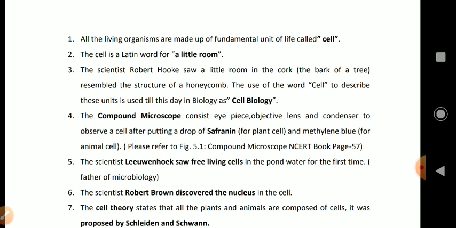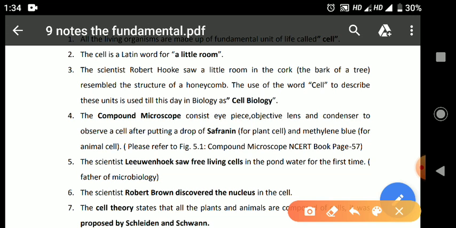He gave the name cell to these compartments. The word cell is derived from the Latin word meaning a little room. And what is cork? Cork is a part of the tree, the bark, the outer covering of the tree.